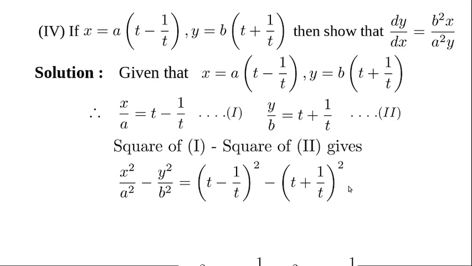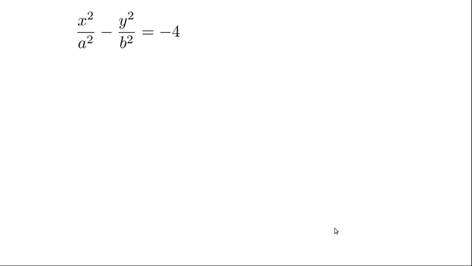By doing this, what we get is t square minus 2 into t into 1 upon t, that is minus 2 plus 1 upon t square. And after squaring, this minus sign is taken inside, it gives you minus t square minus 2 minus 1 upon t square. So t square, 1 upon t square, 1 upon t square get cancelled. We are left with only minus 4 in the right hand side. So x square upon a square minus y square upon b square equal to minus 4.